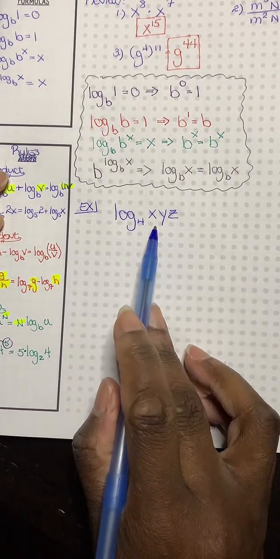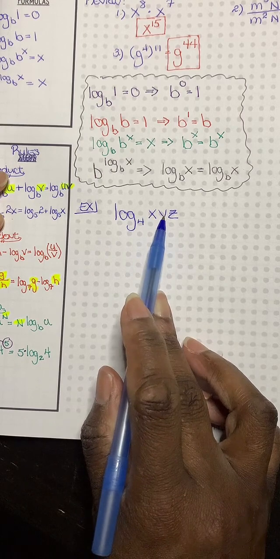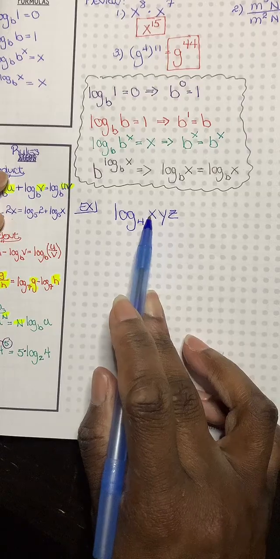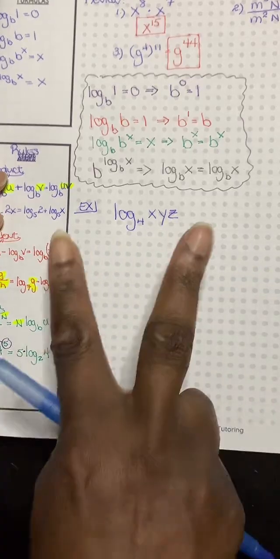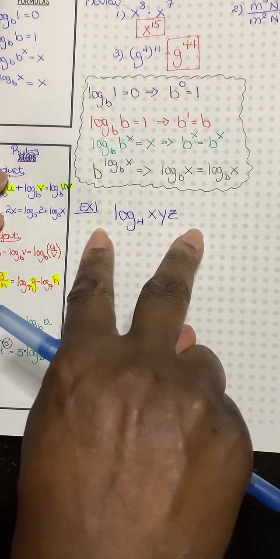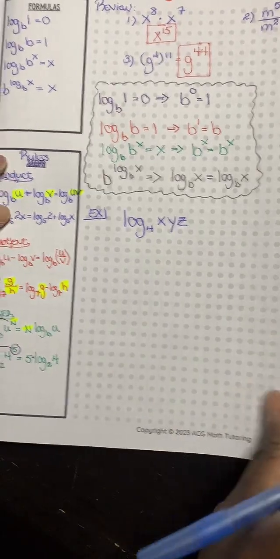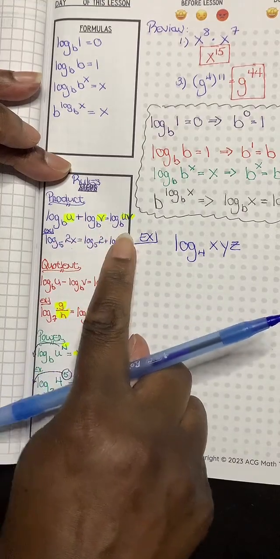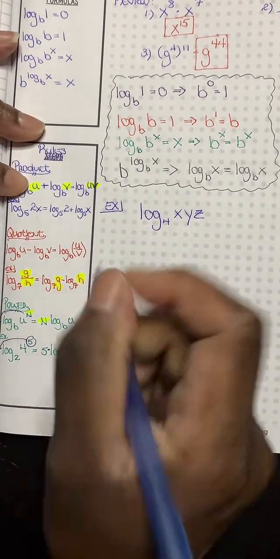So first thing, I take a look. x, y, z, that means x times y times z, because anytime I don't see a plus or minus sign in between variables, that means we're doing multiplication. So right now, everything is kind of condensed together. So that means I need to expand it out. So what I'm going to do is the product rule. I'm going to give each of those variables their own log base 4. So here we go.